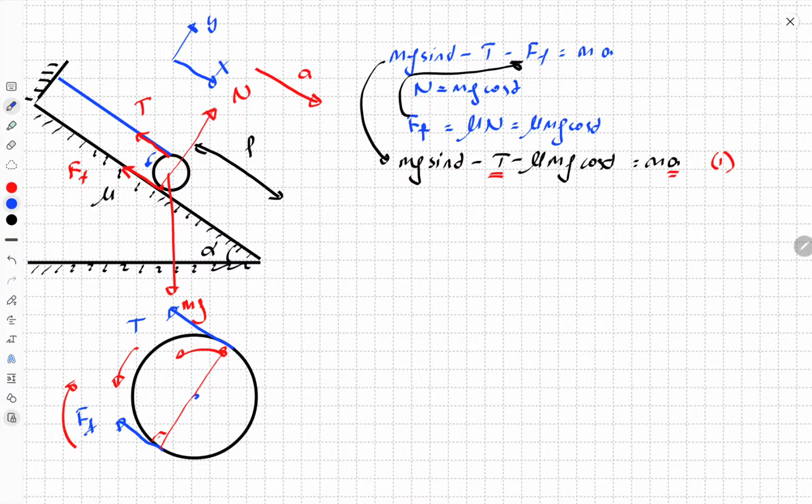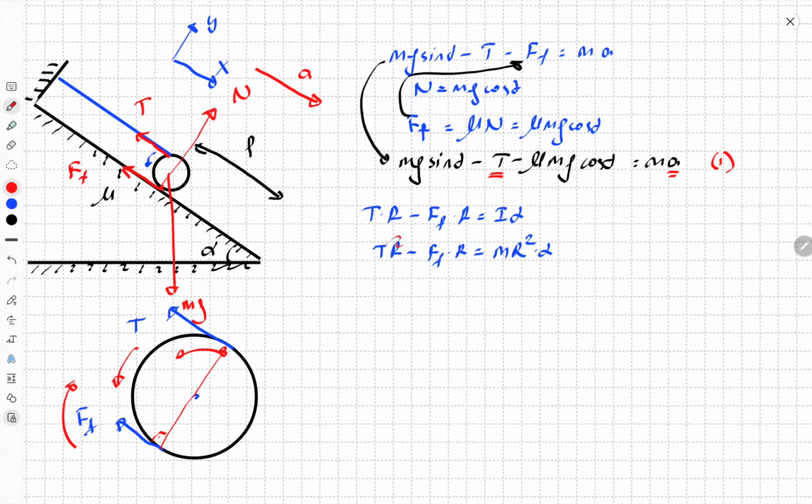So let's write the torque equation for the ring. Tension times R minus friction force times R should be equal to moment of inertia times angular acceleration. TR minus friction force times R equal to the ring's moment of inertia, which is mr square, times angular acceleration.